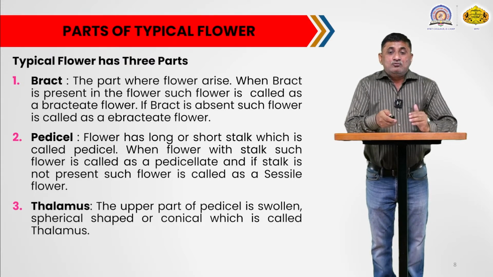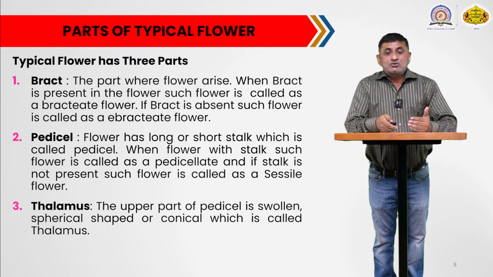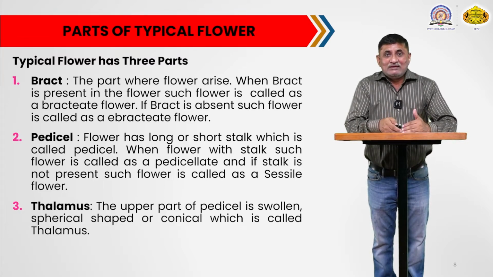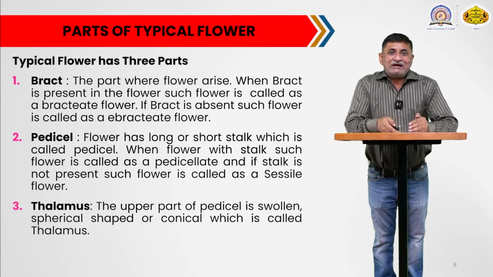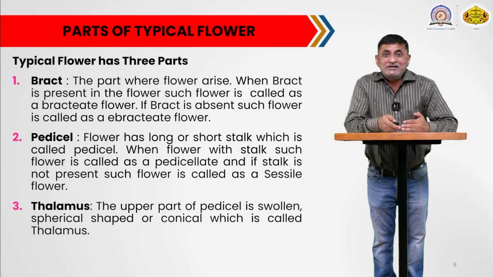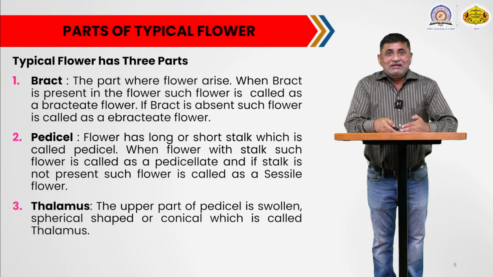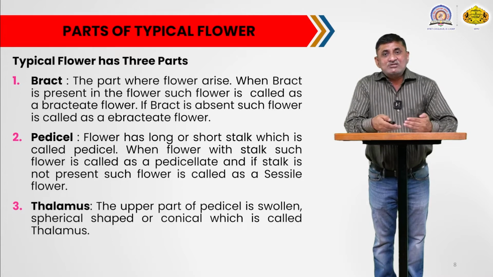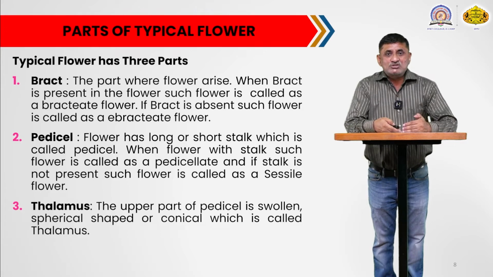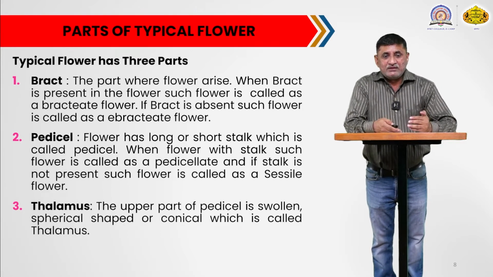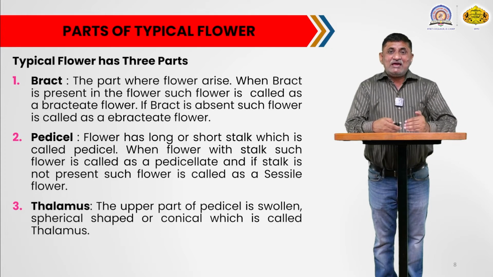A flower with a stalk is called a pedicellate flower, and when a flower is without a stalk, it rests directly at the axis of the bract or on the stem from where it arises. Such a flower without a stalk is treated as a sessile flower. Then the third part is the thalamus.